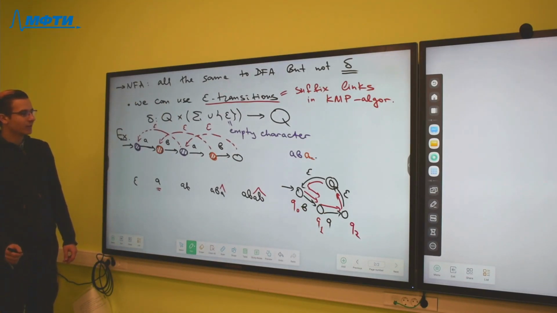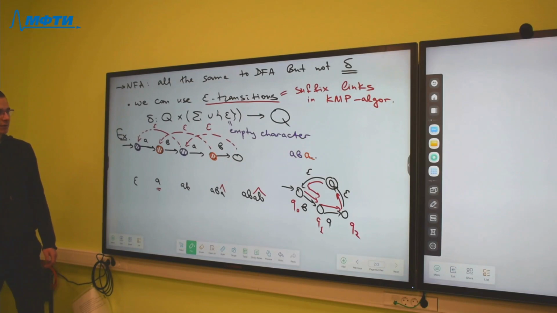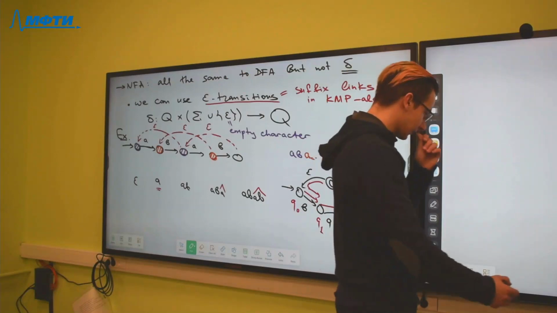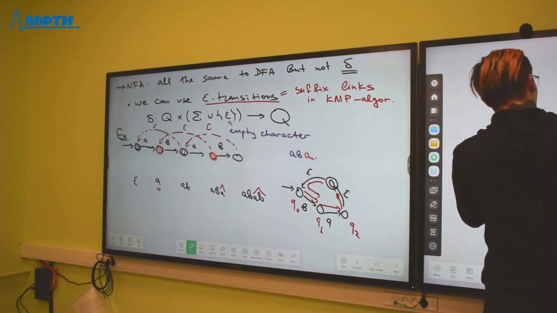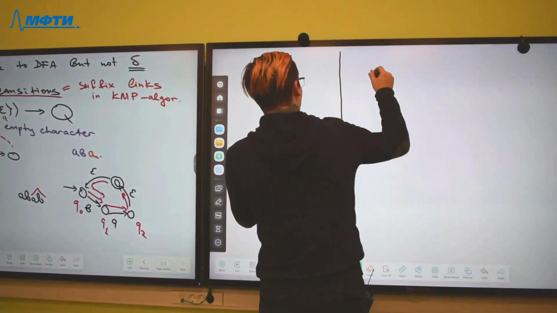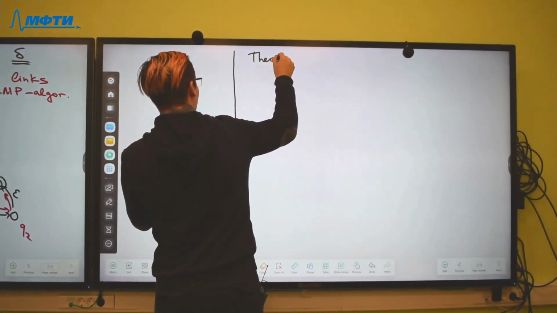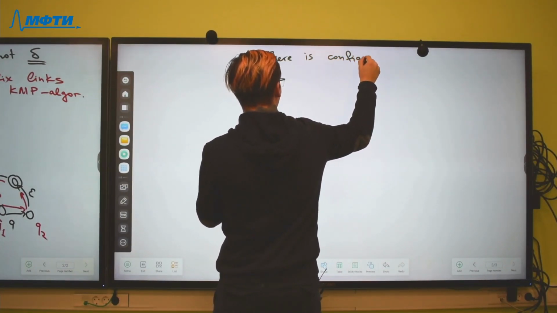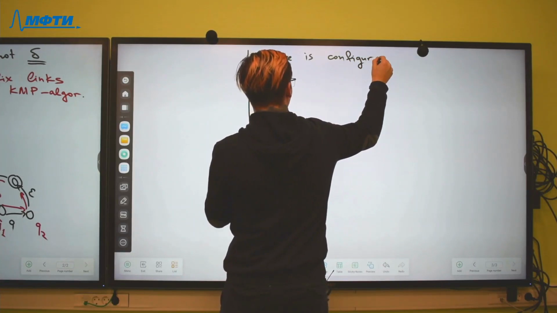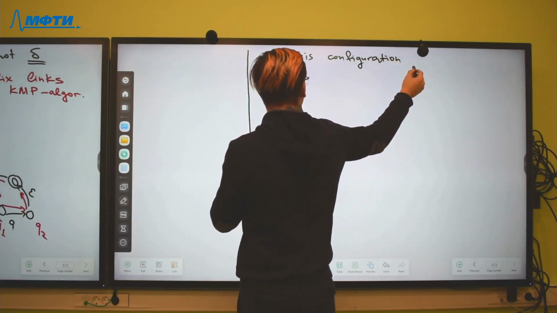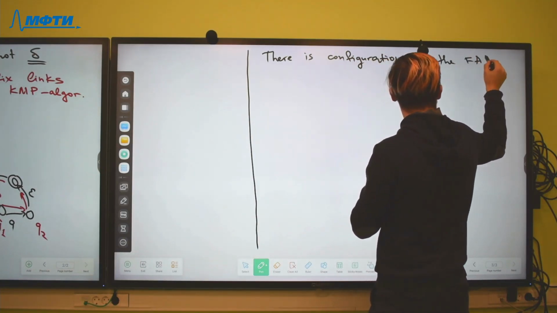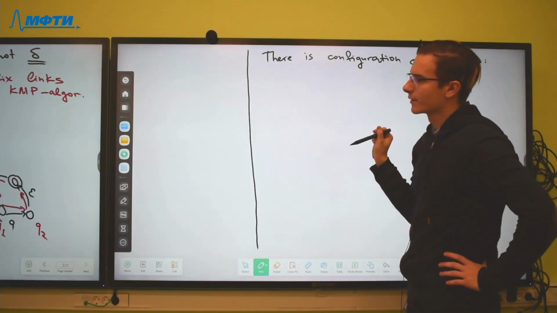So if we talk about the configuration of the system, for example, there is a configuration of the finite automata.